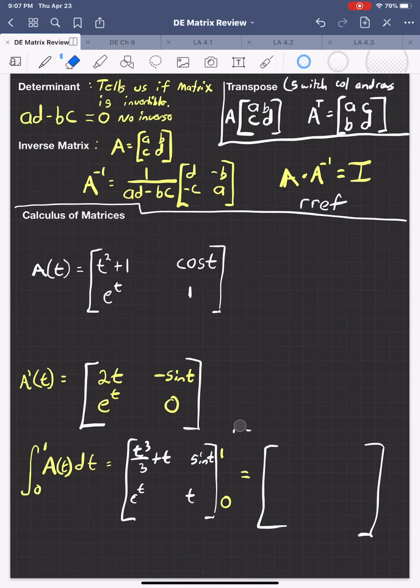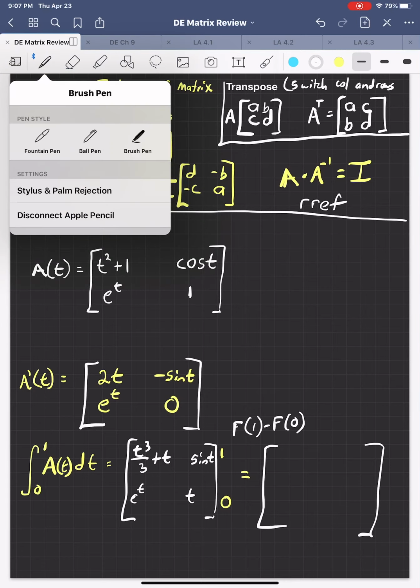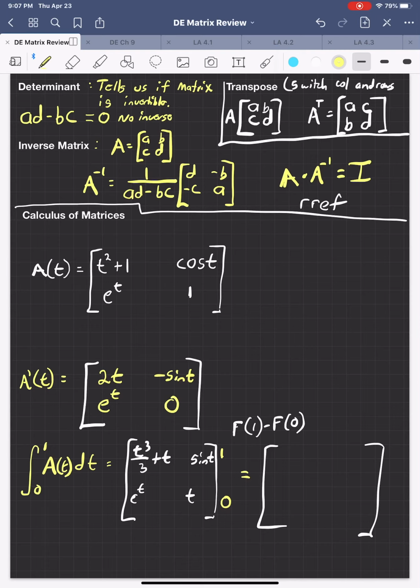I'll write it the way that you're used to, f of 1 minus f of 0, only we used A notation instead of f notation. So we end up with 4/3, then e minus 1, and then 1 here, and then we have sine of 1 minus sine of 0, so that's just sine of 1.